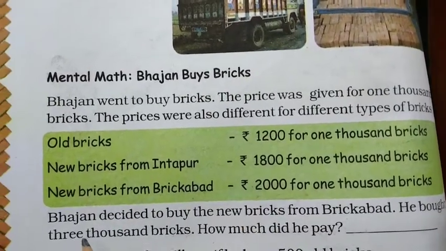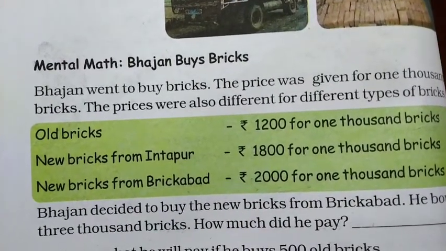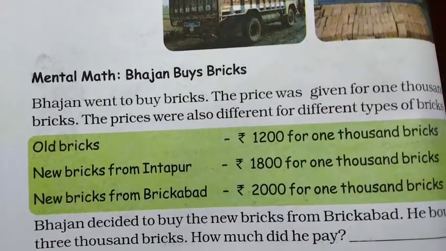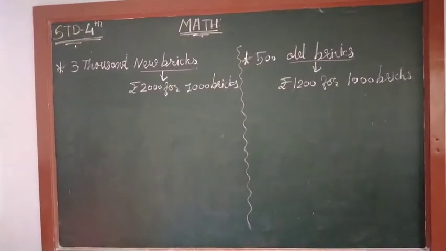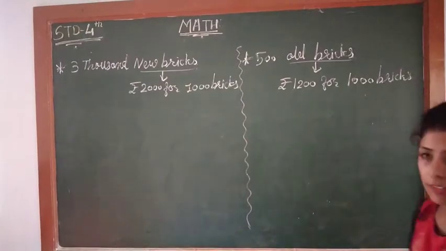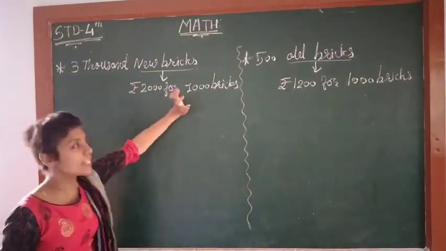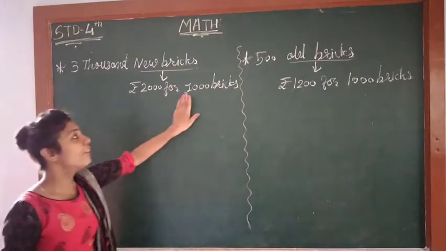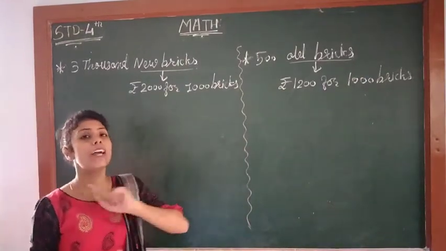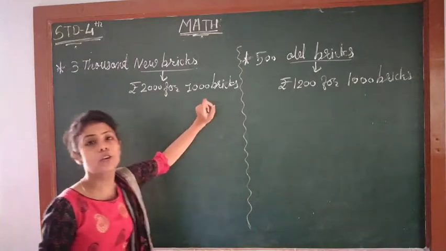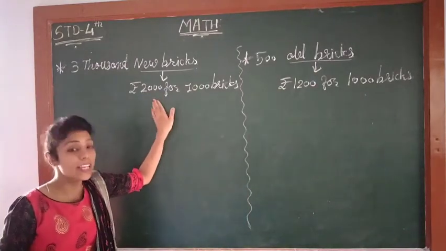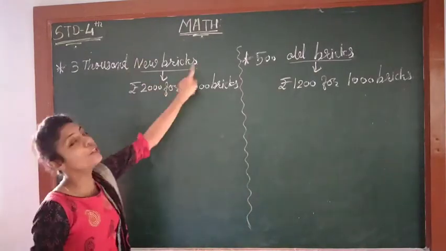He wants to buy 3000 bricks, so let's see how to multiply. What is the price of new bricks? 2000 rupees for 1000 bricks. If you buy 1000 bricks, it costs rupees 2000.